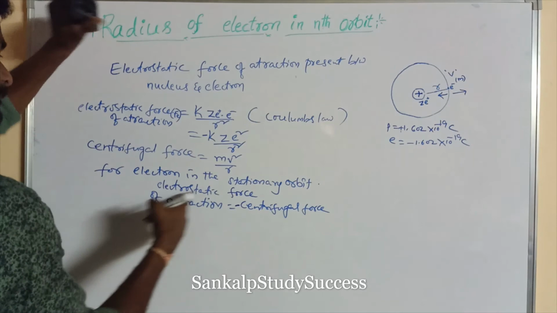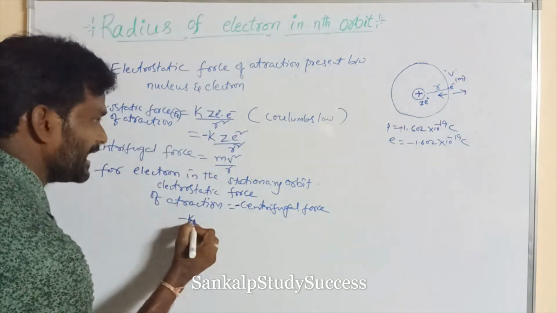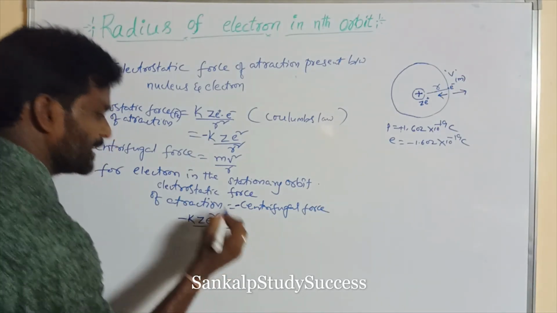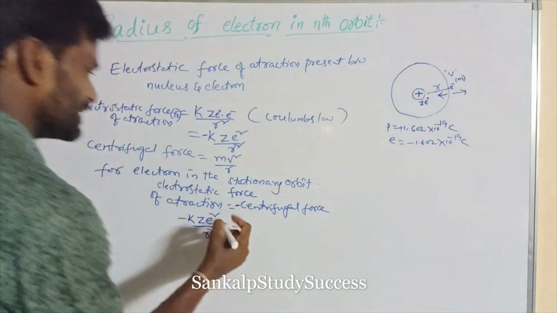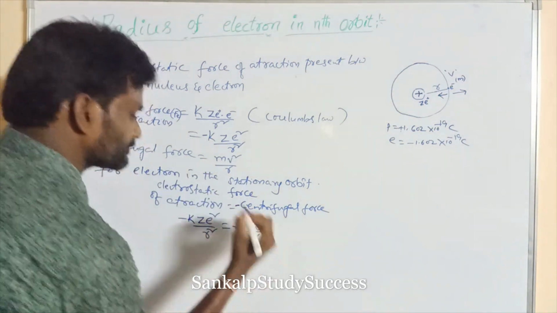So what is the formula for the electrostatic force of attraction? Minus k z e square by r square is equal to minus centrifugal force, minus mv square by r.